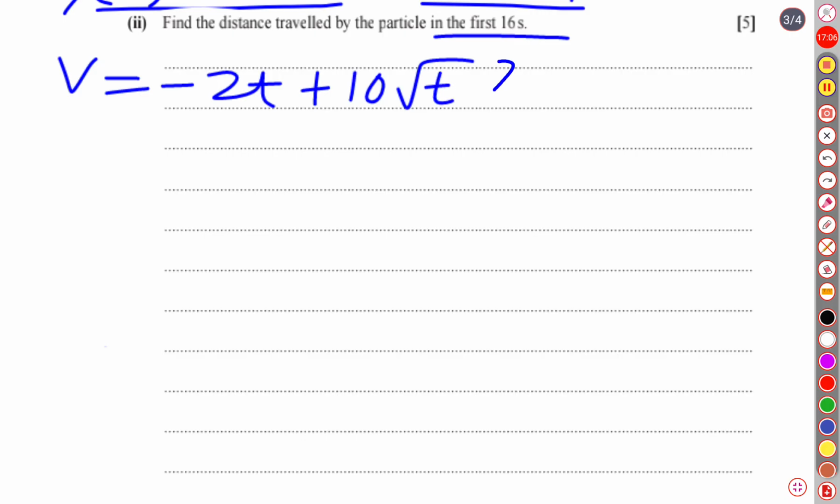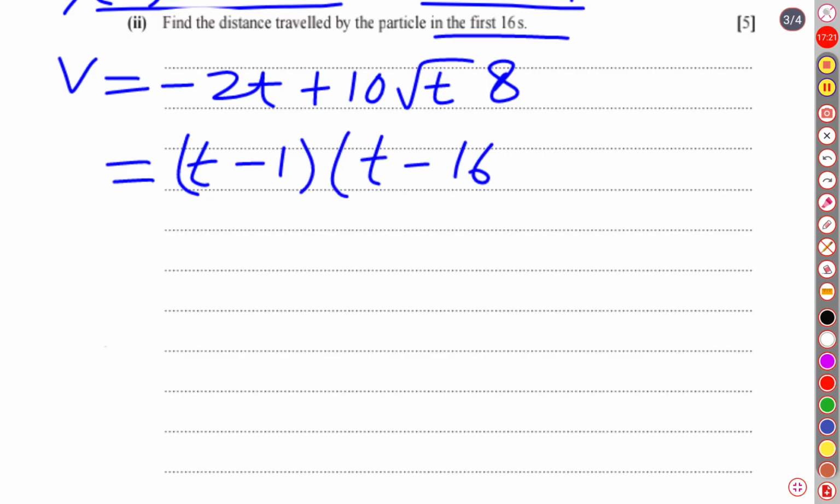Our velocity is v equal to, as we factorized in the previous case, negative 2t plus 10 square root of t minus 8. The roots were 1 and 16, so that is t minus 1 as well as t minus 16.